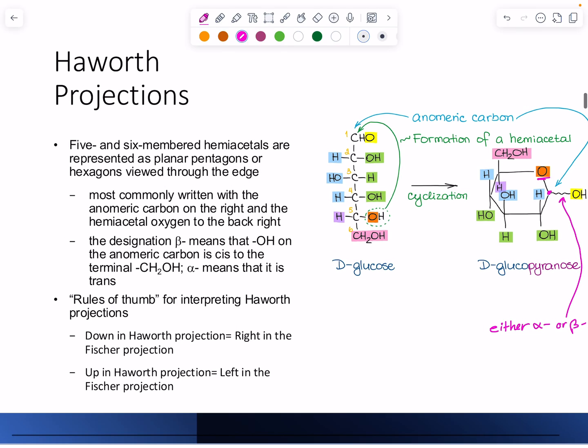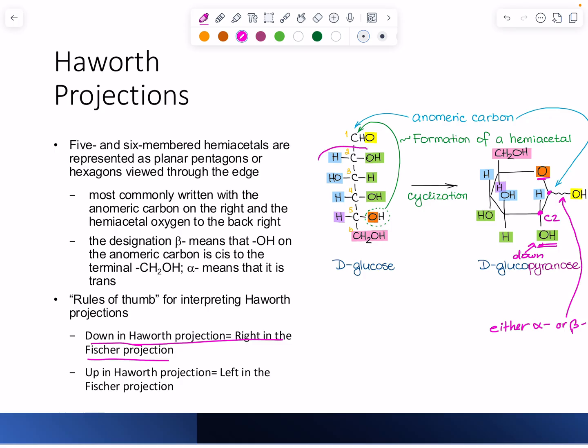So our rules of thumb for interpreting our Haworth projections: if it is down in a Haworth projection, so let's just look at this right here. This is carbon 2, and the hydroxyl is down. So if it's down in the Haworth, it's going to be right in the Fischer projection. So let's look at carbon 2.